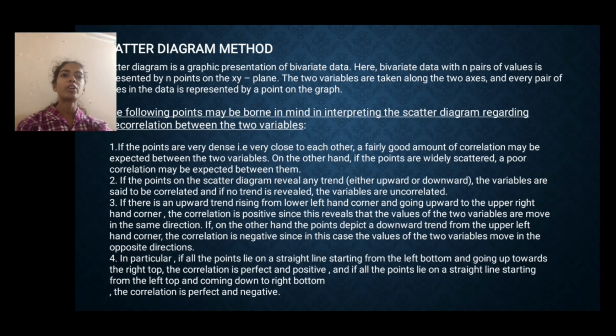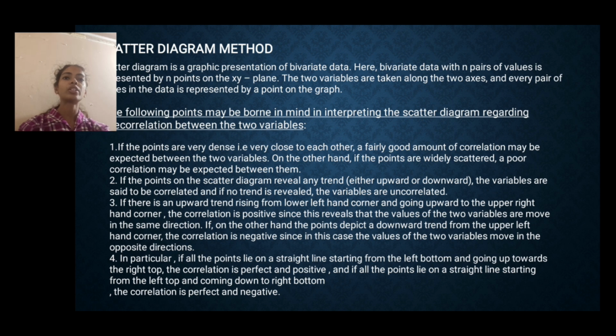The following points may be borne in mind in interpreting the scatter diagram regarding the correlation between two variables. If the points are very dense, very close to each other, a fairly good amount of correlation may be expected between the two variables.